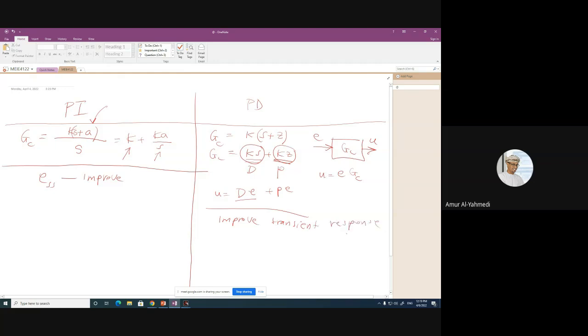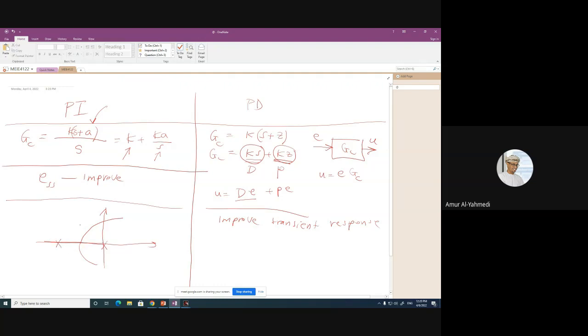Here, because I'm improving only the steady state error, I don't want to change my root locus. So if this is my root locus, let's say, I don't want to change it. Let's say I have a pole here and a pole there. I don't want to change that one.